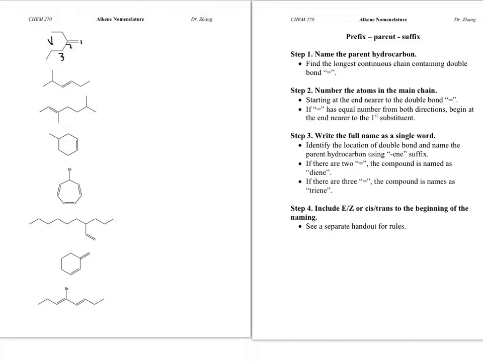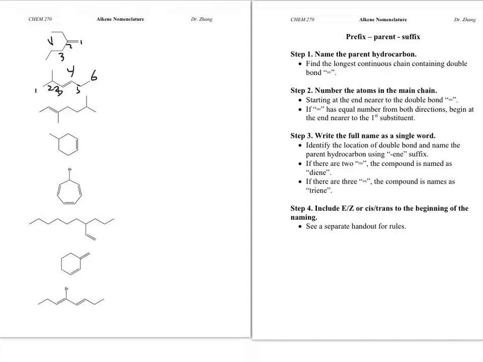So you're going to number the second molecule from the left-hand side, make it 1, 2, 3, 4, pardon me for my stylus pen, 5, and 6. This is 3 here, okay?